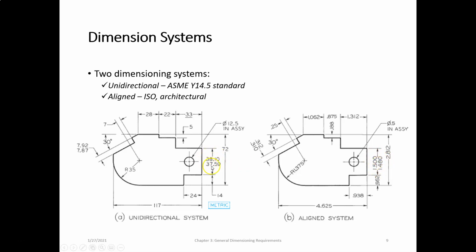The 3810, the 3759 tolerance dimension here is unidirectional. That is, we can read it from a horizontal orientation. But over here, notice that this dimension is turned sideways. So this is the European aligned system. It's also used in architectural drawings. ISO is the International Organization for Standardization, the equivalent of ASME in Europe.